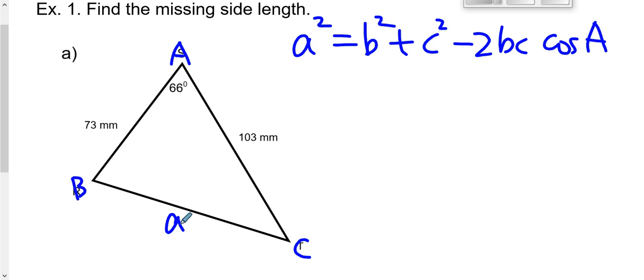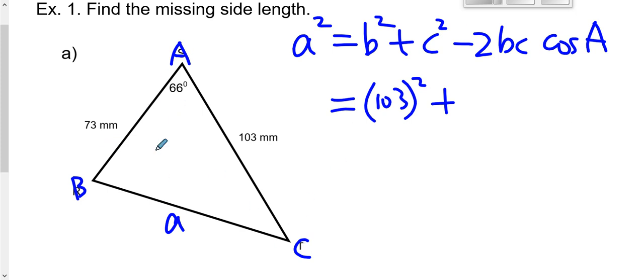This is my unknown, A squared, so I don't know that. This is big B, this is small b, so 103 squared plus c squared.